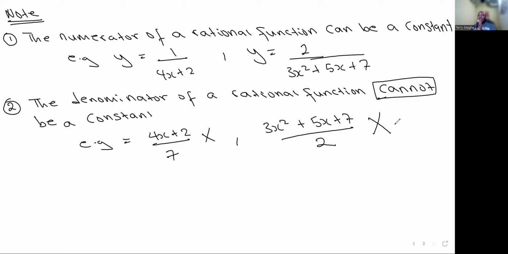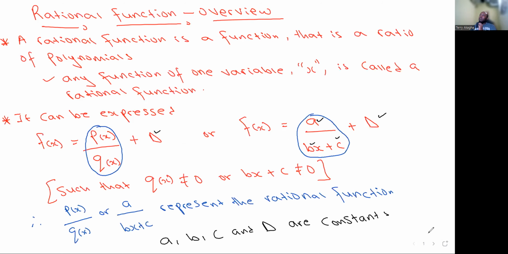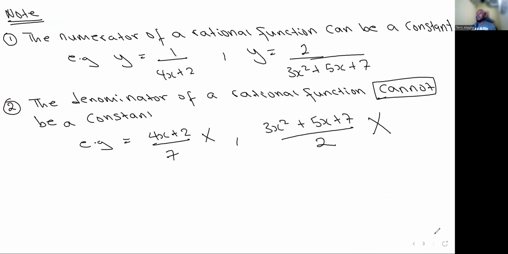So what we are saying is that if you go back to what I said, a rational function is the ratio of polynomials. So that means one polynomial must divide the second polynomial for it to be a rational function. All right? So one polynomial must divide the second one. But if either of them is not a polynomial, that cannot be a rational function.